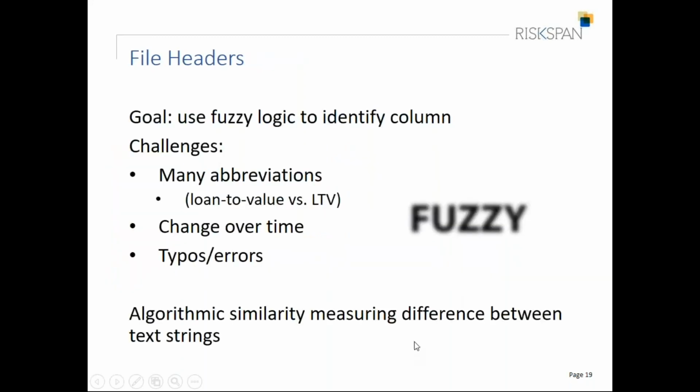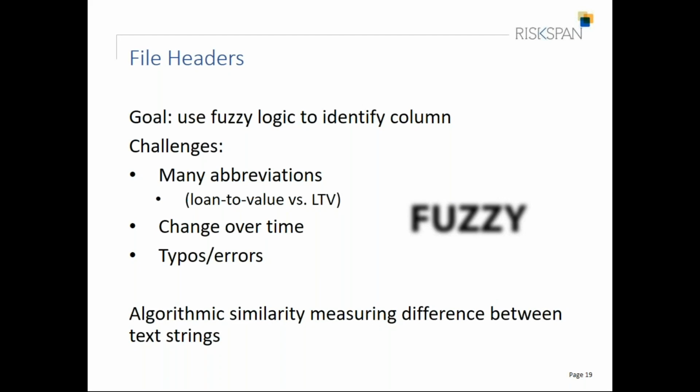Okay, so going into a little bit more detail here on the fuzzy process. We're not going to go into any math, but the goal here, once again, is to use fuzzy logic to identify the column. This is really challenging, especially in a field like finance, where there are tons of abbreviations.